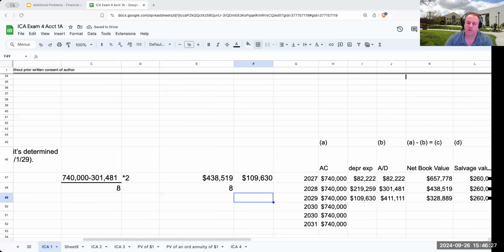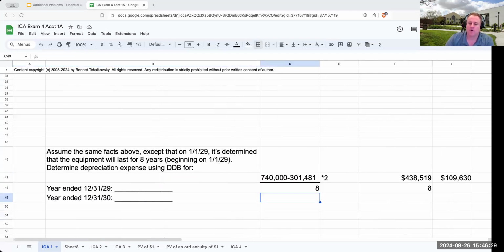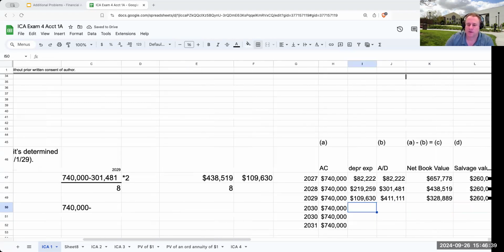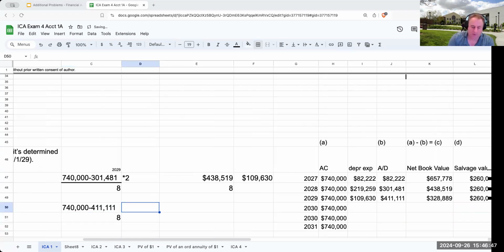So I'm still okay, at least for the moment. For 2030, what I would do is say, okay, we've got 740,000 minus 411,111, divided by 8 times 2.